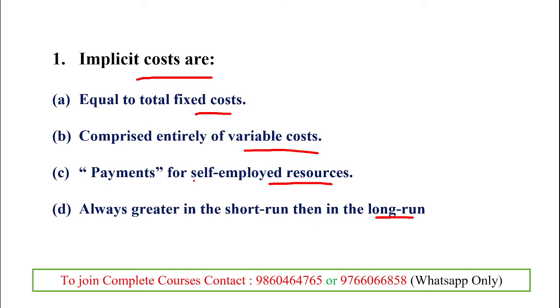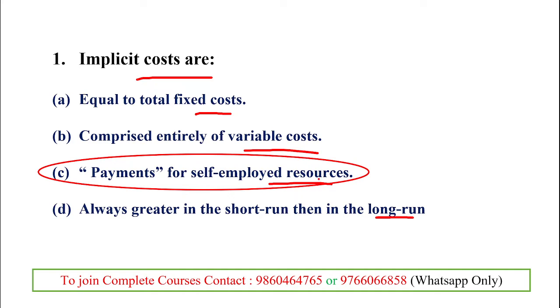Here the implicit cost means the cost that a producer makes on his own, the payment for self-employed resources. And the answer is payments for self-employed resources.